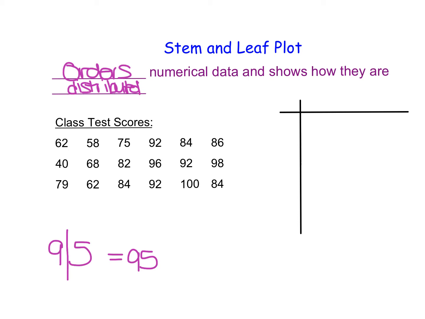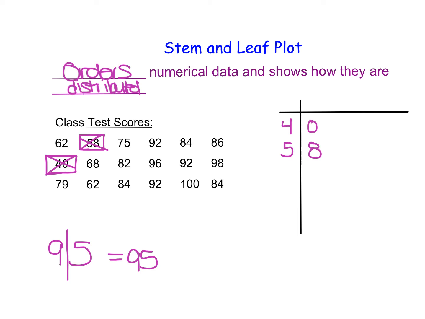So I'm going to start with my lowest number here, and that's 40 from all I can see. And 40 I'm going to represent by putting a 4 here, followed by a 0. So that's my first stem and leaf paired together. Then I look for my next number, and I notice that I have 58. That's my next highest. So I put 5 split into 8.